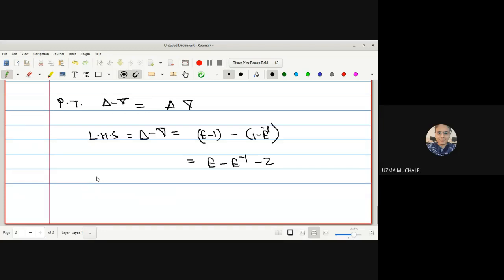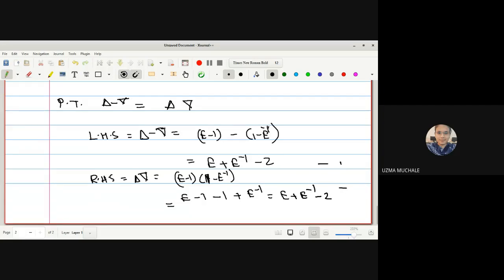Similarly, let us find out RHS, which is forward into backward, equal to e minus 1 into 1 minus e raised to minus 1. So e into 1, e into e raised to minus 1 that will be minus 1, into 1 minus 1, minus minus becomes plus e raised to minus 1, and hence we get e plus e raised to minus 1 minus 2.